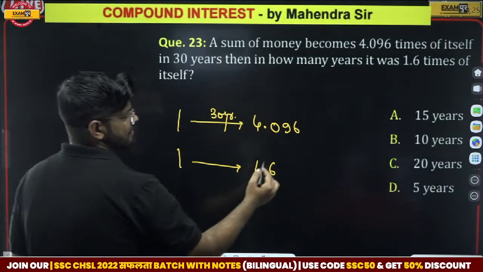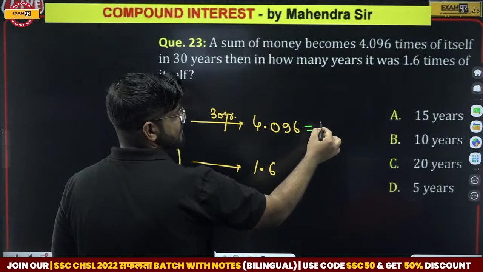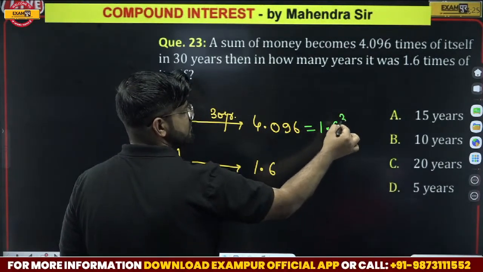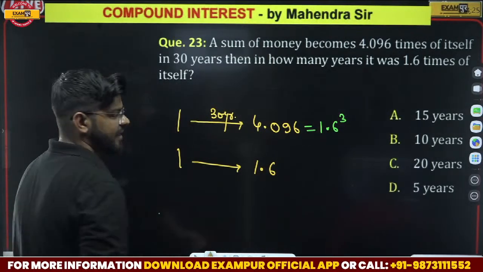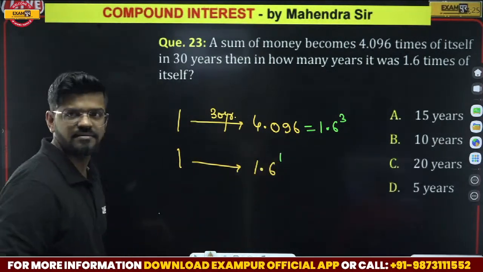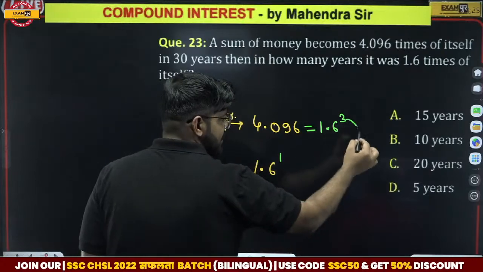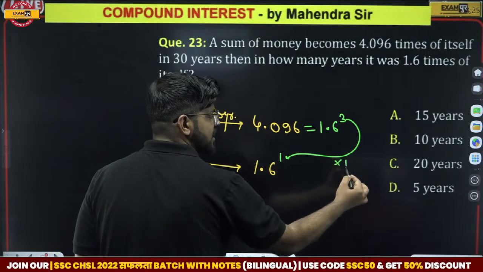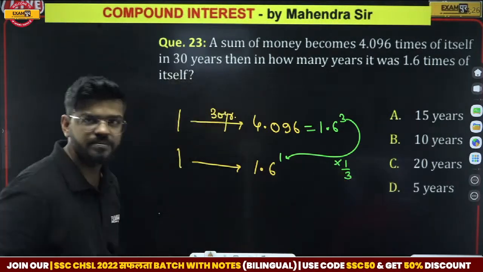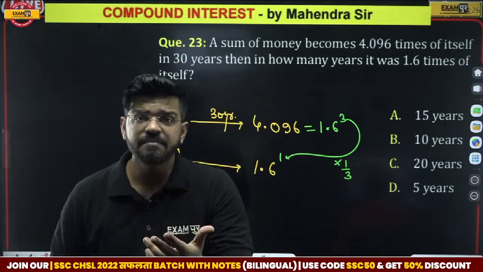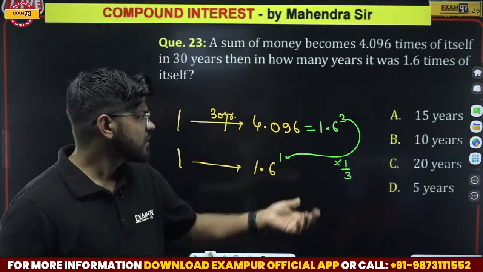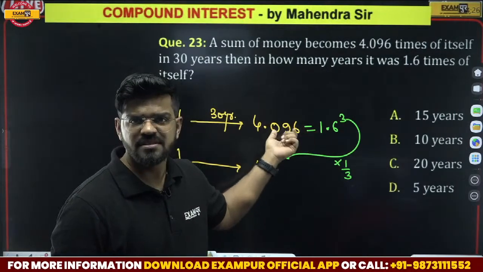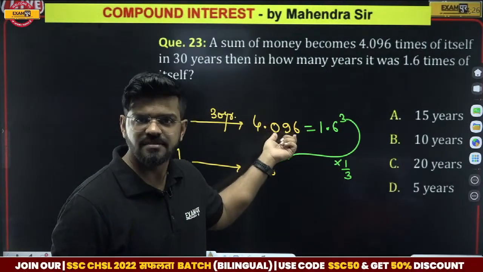So you know that we can write it 1.6 cube. Yes or no? And here the power is 1. Now power is converted into 1. How is it converted? By multiplying 1 by 3. Here the power is 16 cube, na? 4.096 is 16 cube.